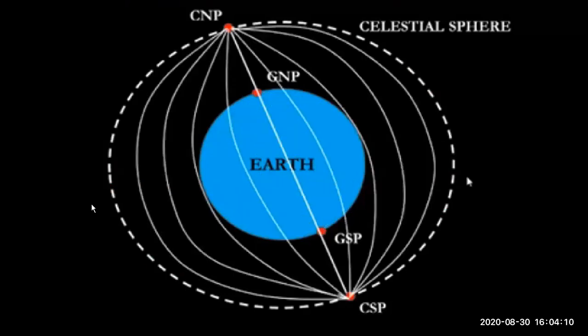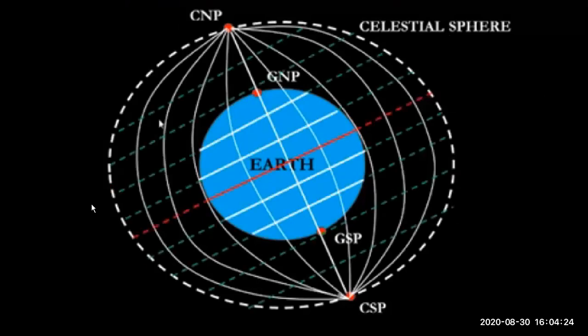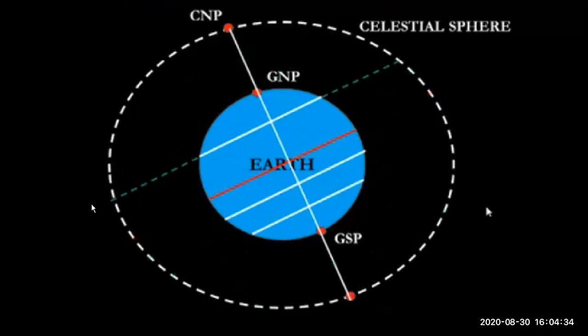So they are also called celestial meridians. Celestial meridians are the projection of Earth's longitudes. So this is the whole picture: poles of Earth and celestial sphere, longitudes and meridians, declination, equinoctial.